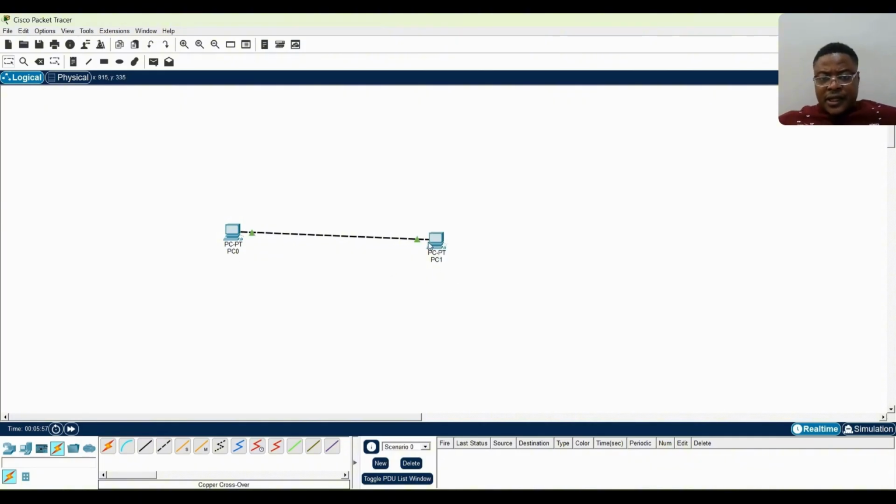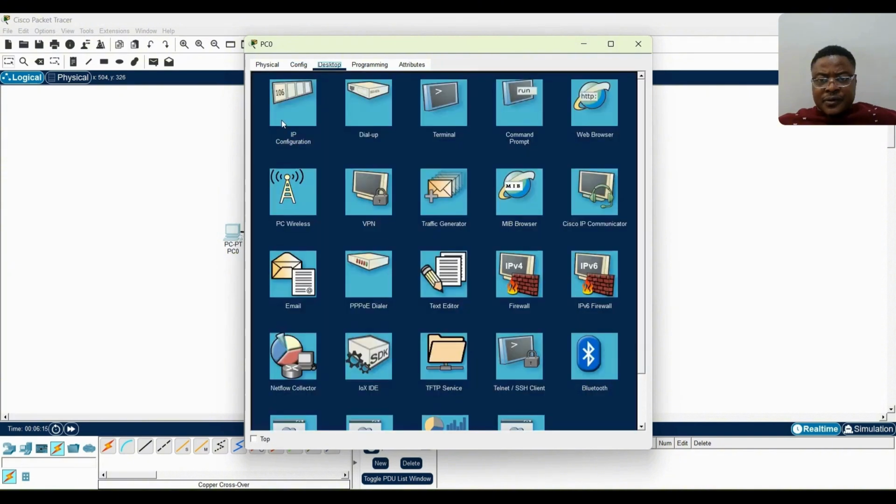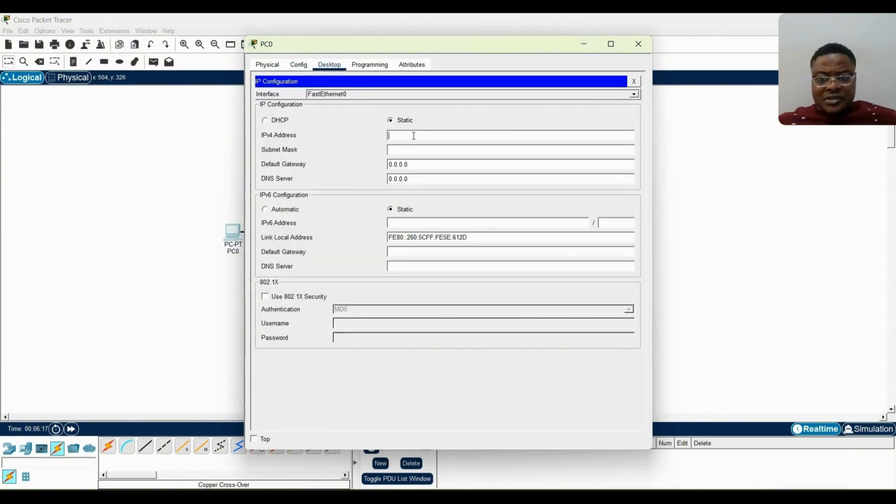So you see, there's green that shows the connection is okay. So I'm going to configure this PC and I'm going to use the IP address 192.168.10.1.